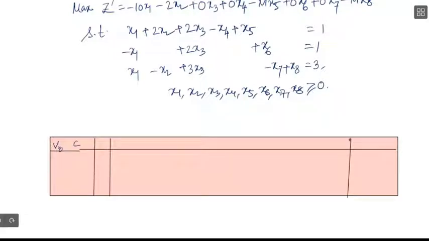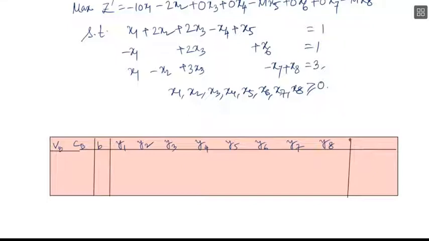Then we take the cost of the basic variables, we denote it by CB, and the requirement vector B will be here. Basically it will be B inverse B, where B is the basis matrix, and we take y1, y2, y3, y4, y5, y6, y7, y8 corresponding to the 8 columns of the standardized problem.